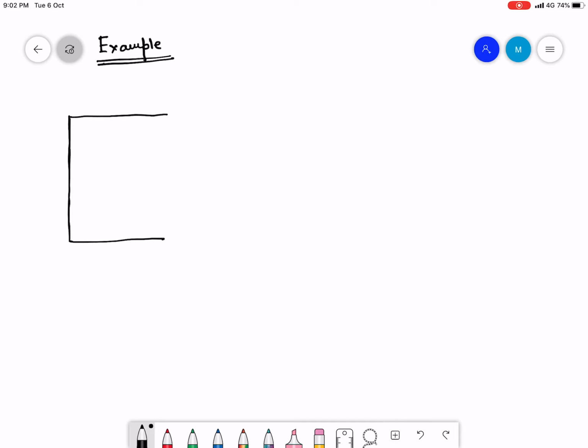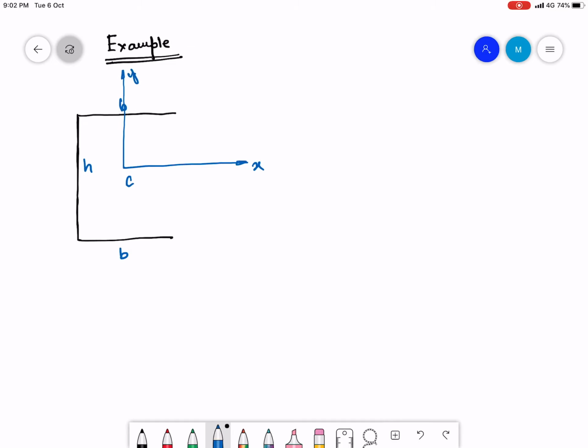So let this length be H, this length be B, this length be B, and say this is the x-axis, this is going to be the y-axis, this is the centroid. Uniform thickness t.